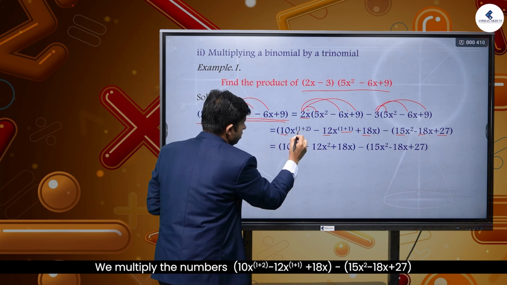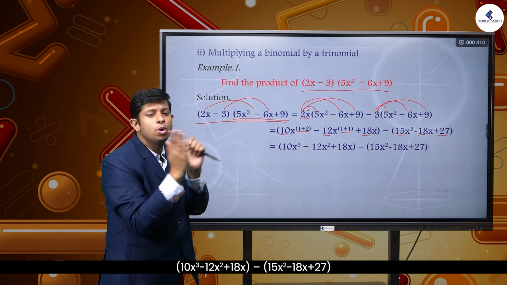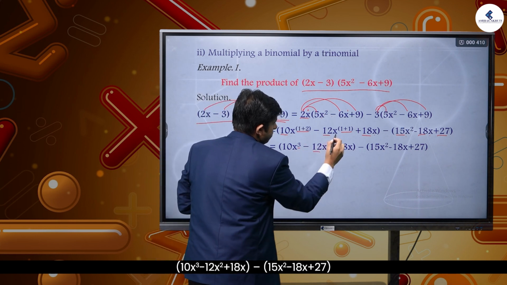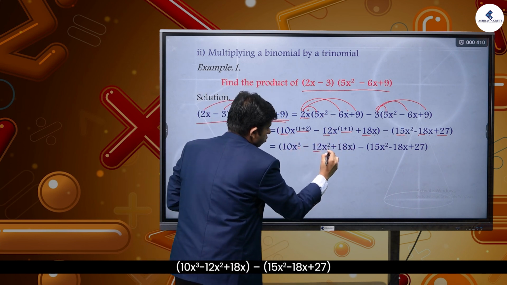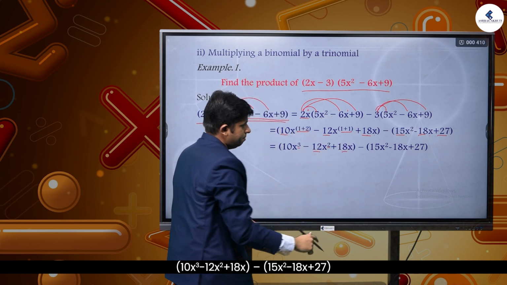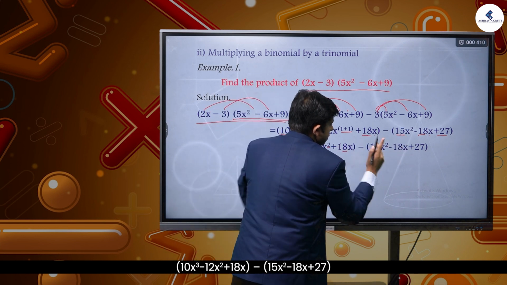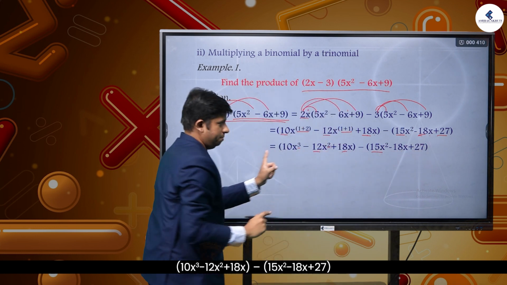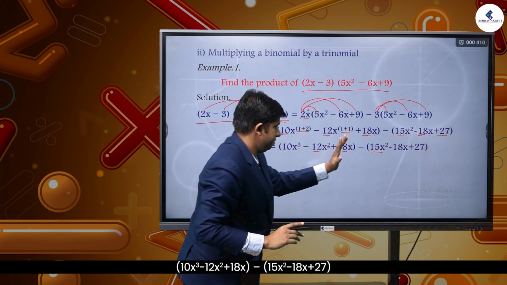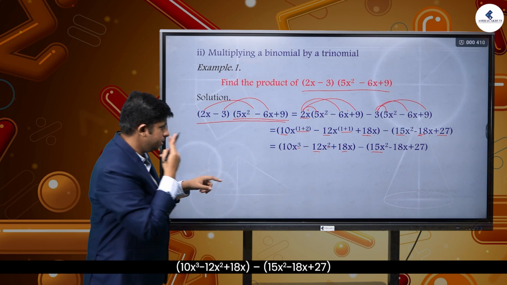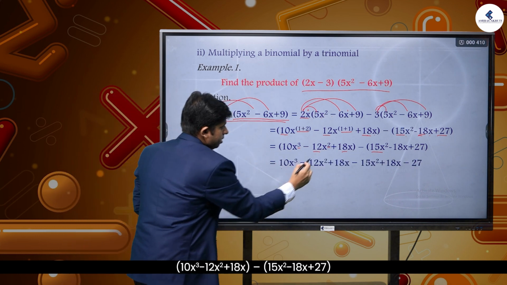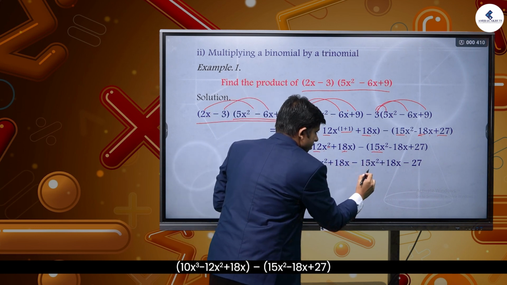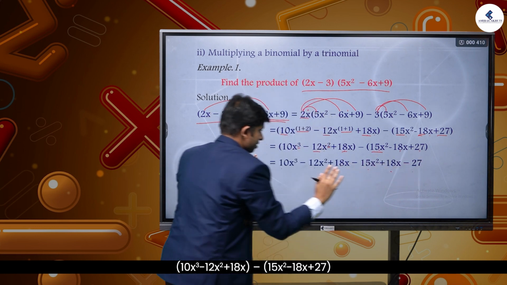10x to the power of 3 minus 12x to the power of 2 plus 18x minus 15x square, minus into minus gives us plus 18x, minus 27. 10x cube minus 12x square plus 18x minus 15x square plus 18x minus 27.